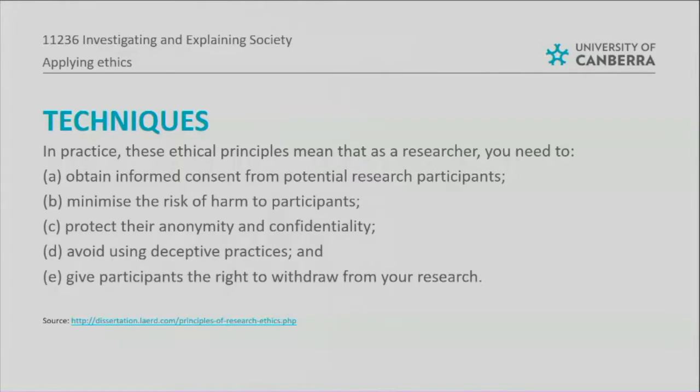The problem is that to observe children in a playground, he has to declare it, with signs up saying this playground is under observation for research purposes. Then parents will go, we're not going to be here today. Or if they tell their children they're being observed, the children will change behaviour for a period of time.